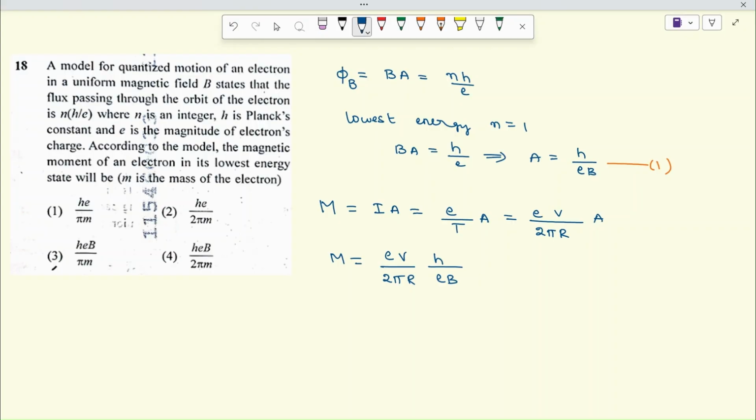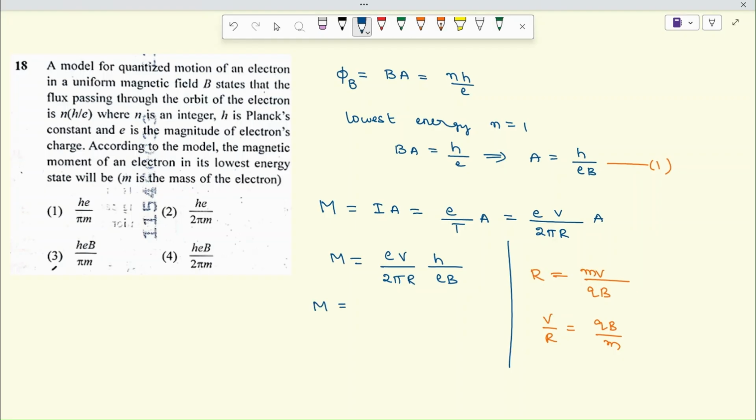Now finally you have to eliminate this v and r according to the options. So what to do? You know radius in magnetic field is mv by qB when you release a charge in magnetic field. So from this v by r is equal to qB by m. So rewrite this.